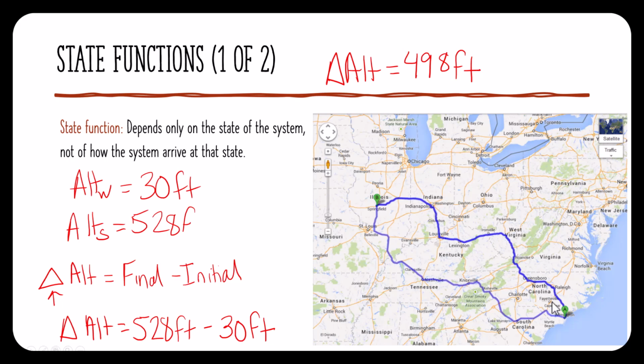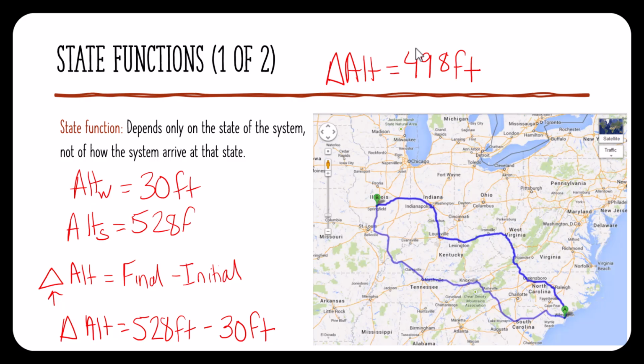It doesn't matter which path I took. It doesn't matter if I took the northern route or the southern route. It doesn't even matter if I went from Wilmington all the way to California and then all the way back to Springfield. My altitude change would be the same, independent of the path I take, only dependent on where I started and where I finished.